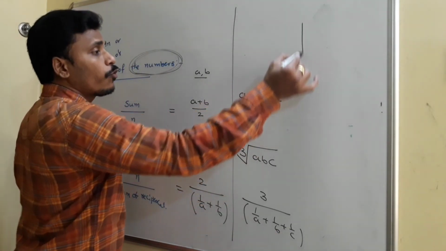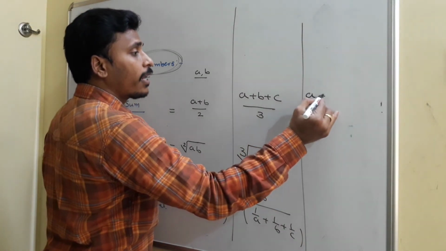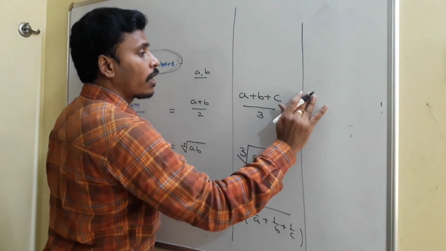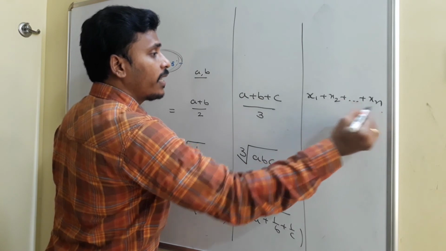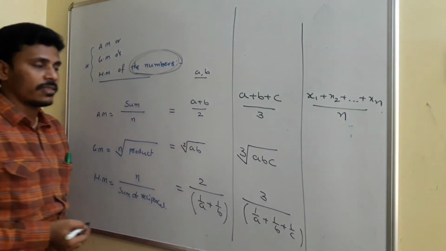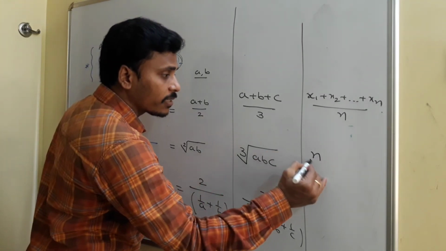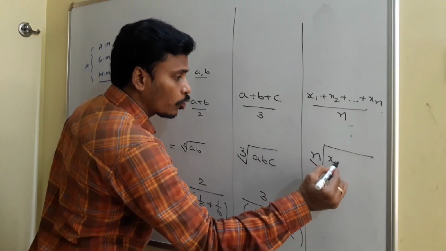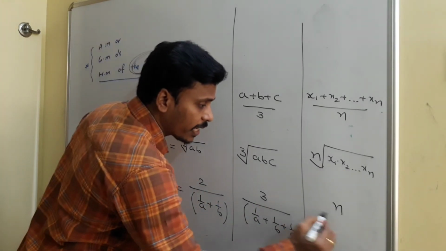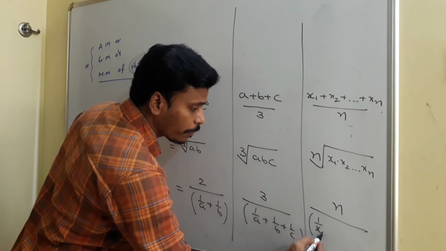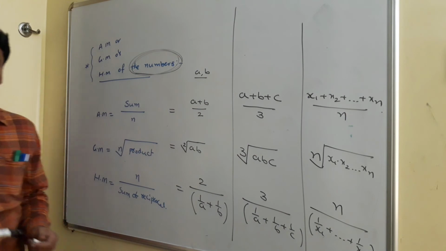And suppose you have some n numbers, their arithmetic mean is x1 plus x2 and so on plus xn by n, just like the average, the sum of all the numbers by the number of numbers. The geometric mean is the nth root of x1, x2 and so on up to xn. And the harmonic mean is n divided by the sum of reciprocals, 1 by x1 plus 1 by x2 and so on plus 1 by xn.